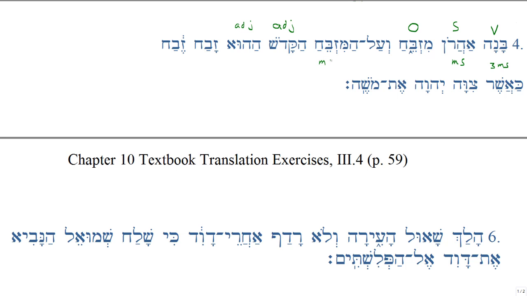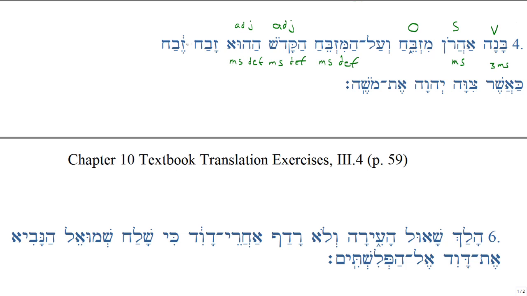This is masculine, singular, and definite because of the definite article. And here we have hakadosh. Again, this is masculine, singular. It's got a definite article, so it is also definite. And that matches our noun mizveach. And then hahu, and that is also masculine, singular, and definite because there's a definite article. And so we have literally the altar, the holy, the that. We would say that holy altar. So upon that holy altar, he did something.